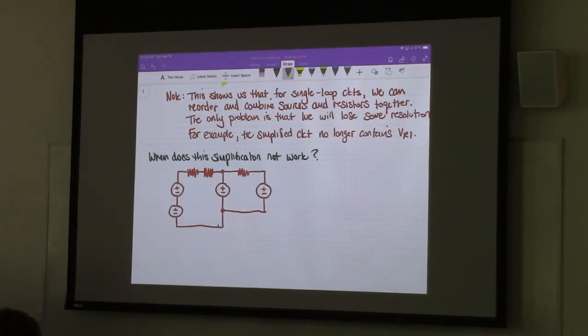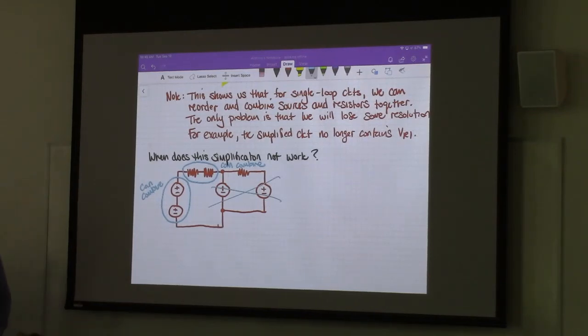Okay, so you can combine these two, and you can combine these two, but not for the whole thing.